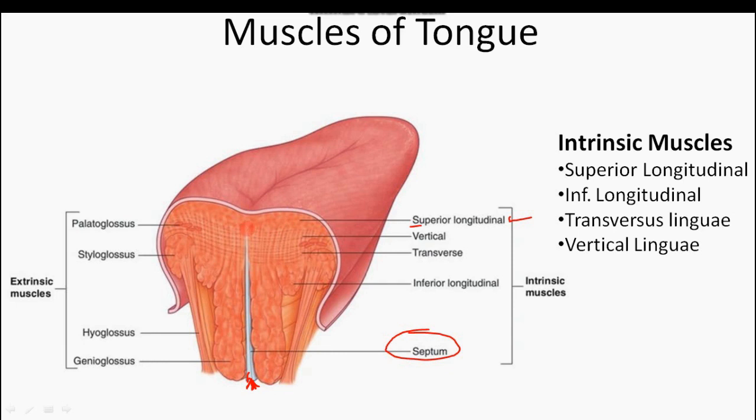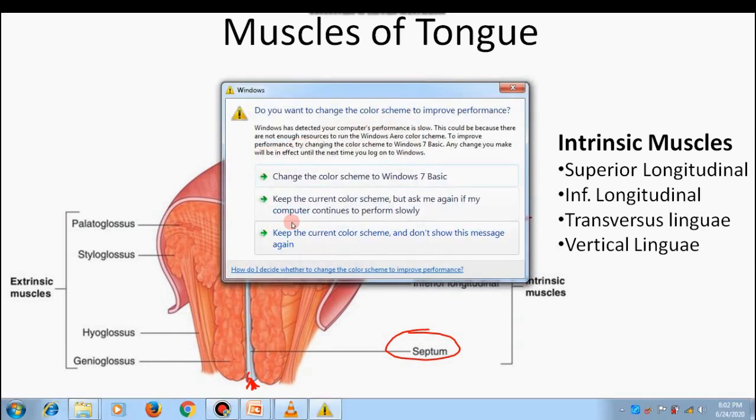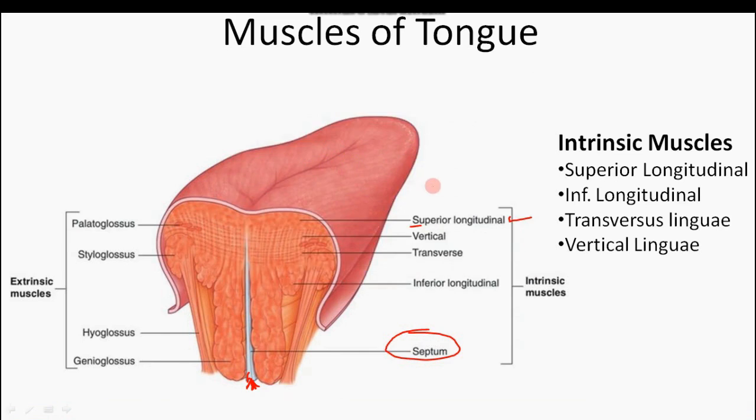The septum is running from here to here and extends this way. So this is the posterior aspect of the septum, and they arise from this posterior aspect.